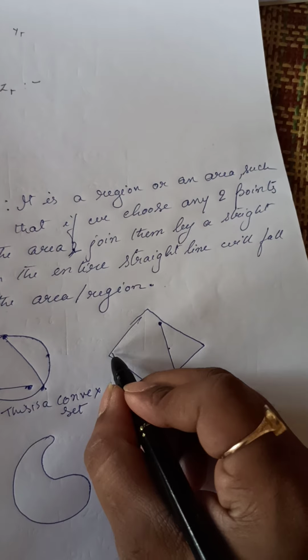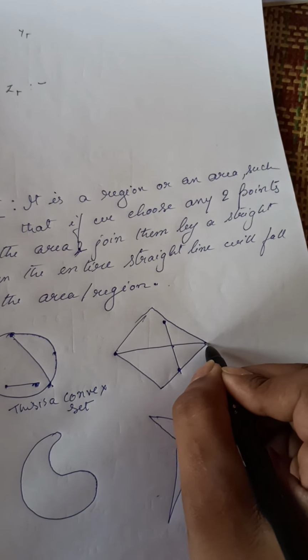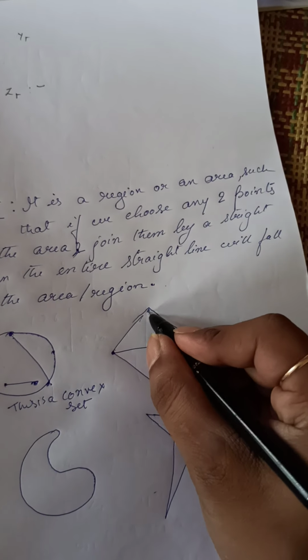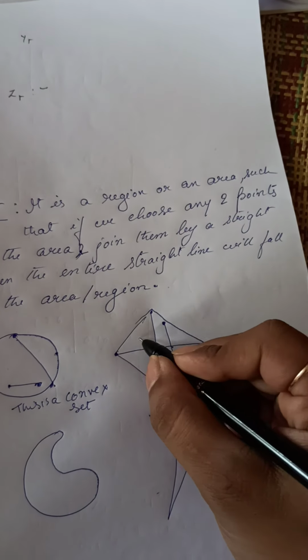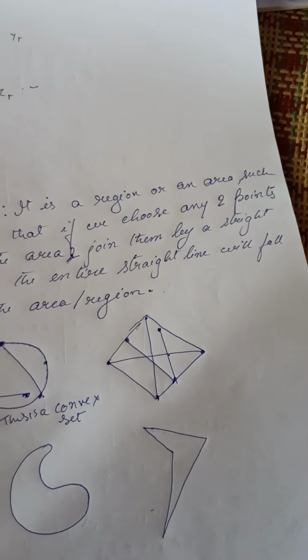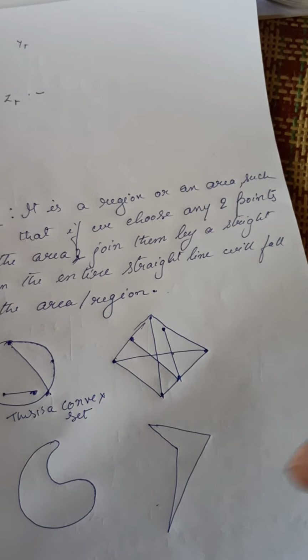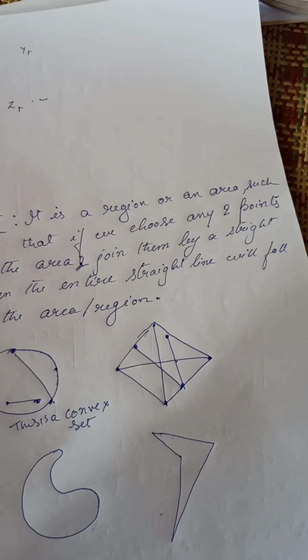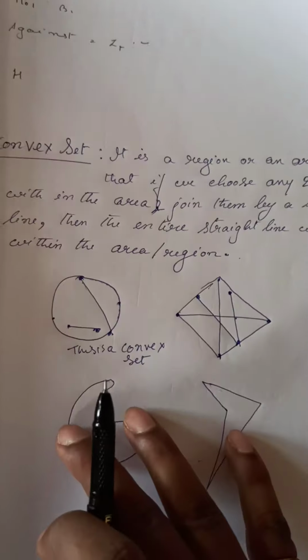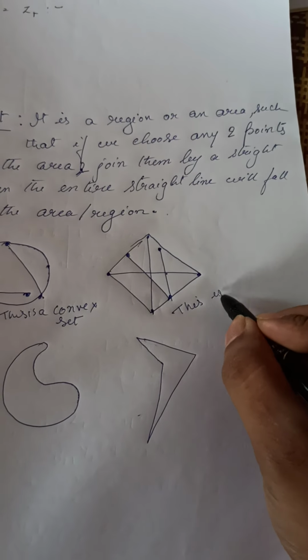Similarly, take any 2 points, this and this, or this and this. So what do we see? No matter what points we choose and join with a straight line, the straight line will always lie within the demarcated area. So this is also a convex set.